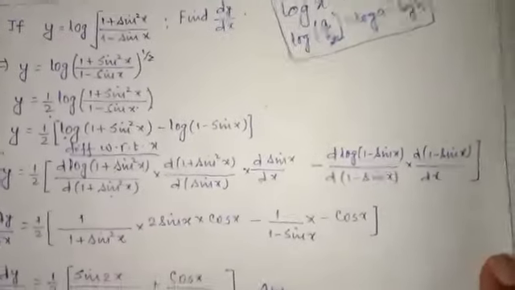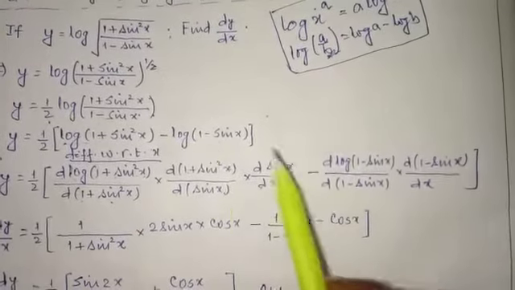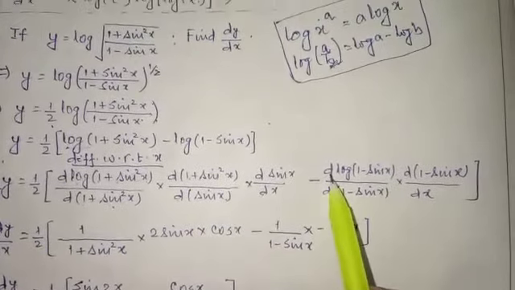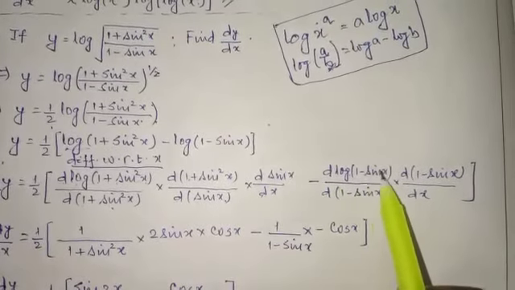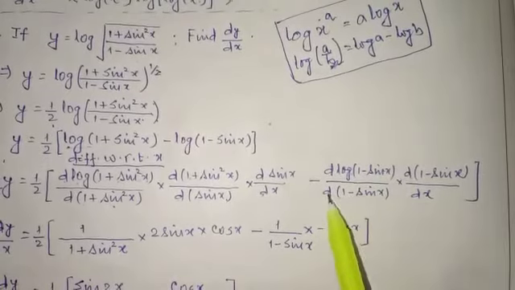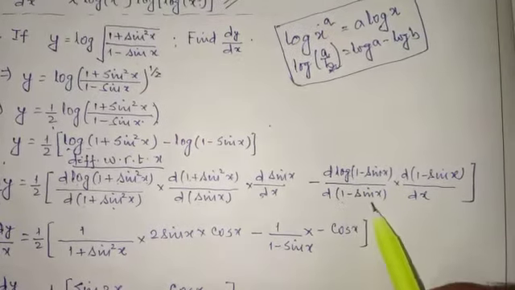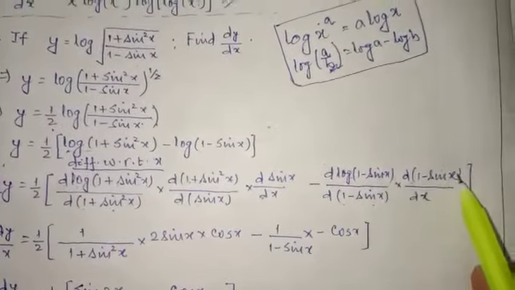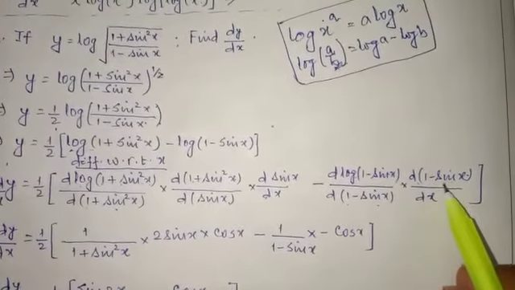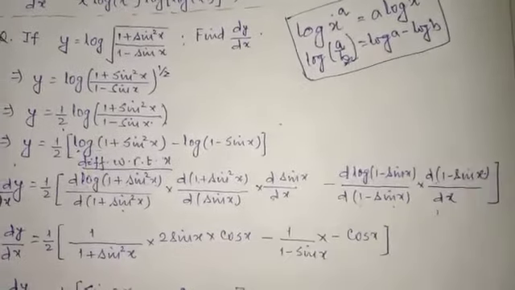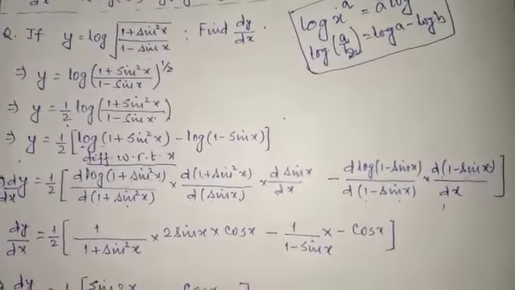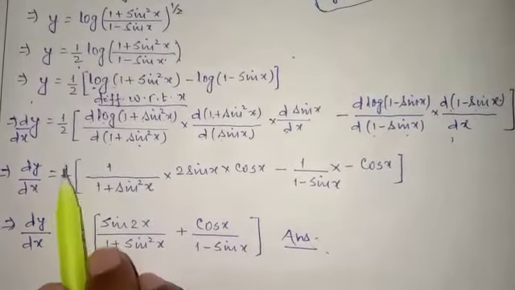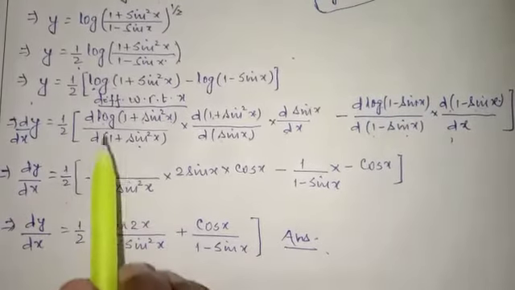And in the second term, that is minus log 1 minus sin x, d of log 1 minus sin x, log is left out, then d of 1 minus sin x upon dx, because 1 is constant.